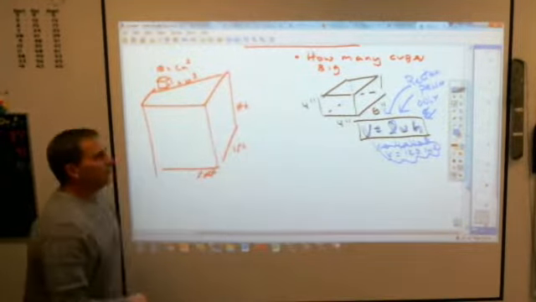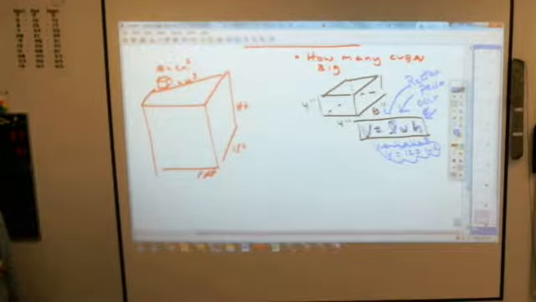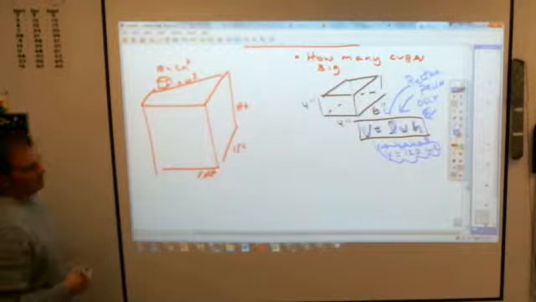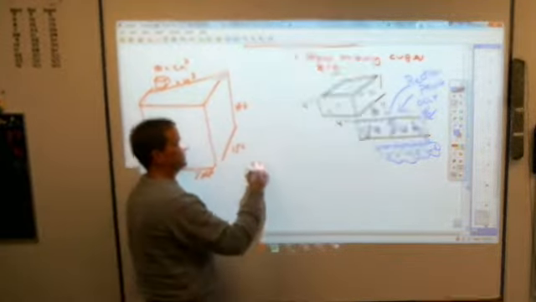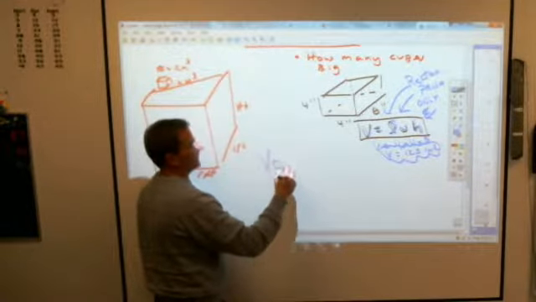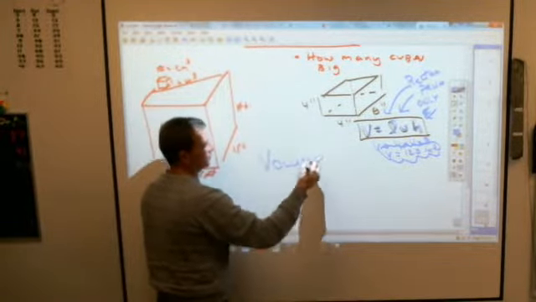Now in volume, we have a brand spanking new formula that works for everything. Unfortunately, it's very vague, and this is what it is. Write this down in bright, beautiful letters and highlight it so you will always remember it.